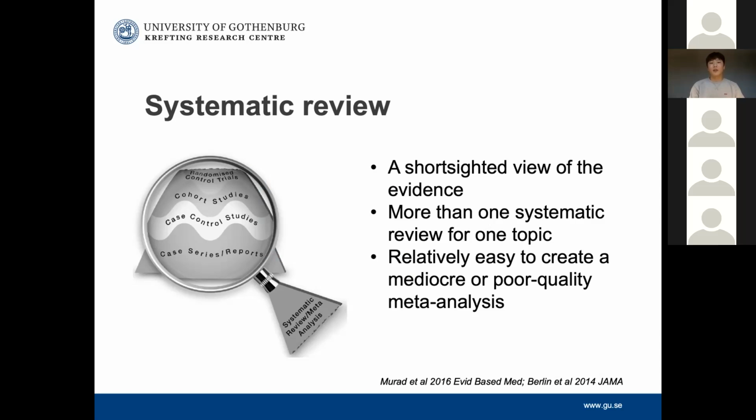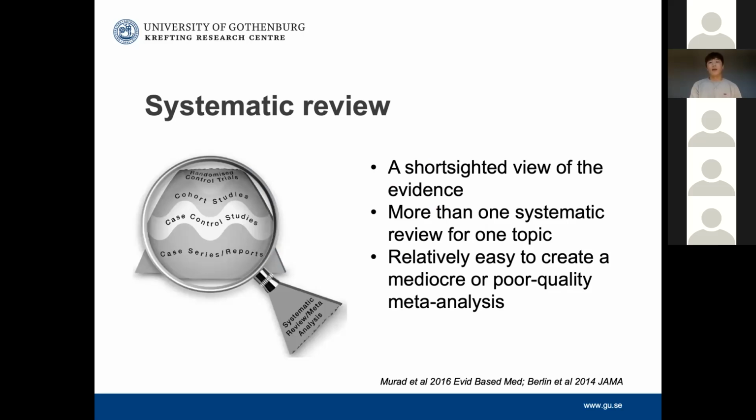But for clinical decision making, we need to consider all the health outcomes, especially critical and important outcomes. So single systematic reviews cannot satisfy our needs for making our clinical decisions.